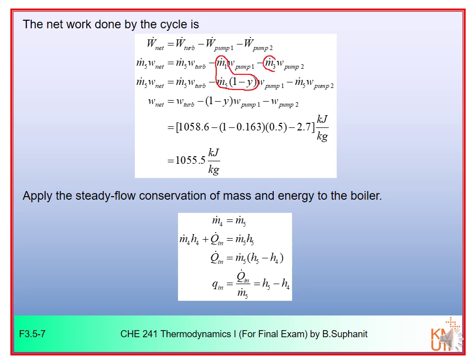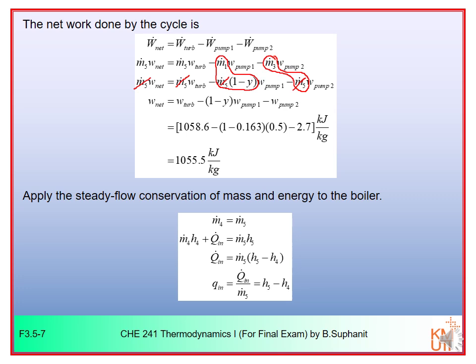M3 here is also written as a function of M5. Once you have written all the terms in terms of M5, you can cancel them out. M5 will disappear, and w net will be just w turbine minus (1 minus Y) w pump 1 minus w pump 2.